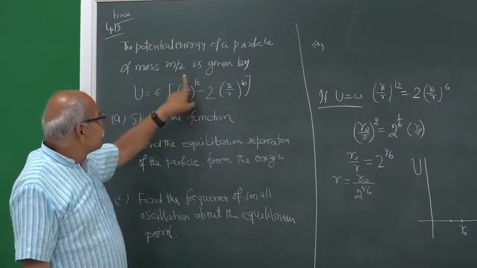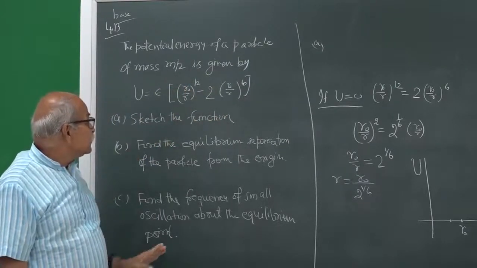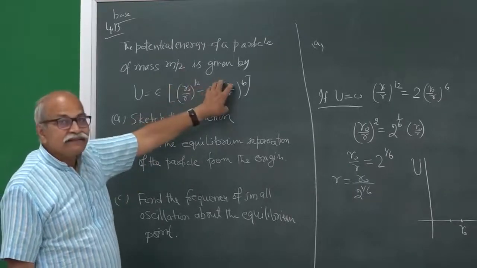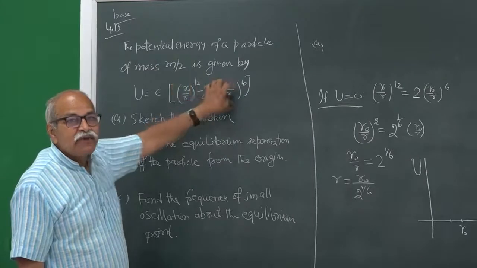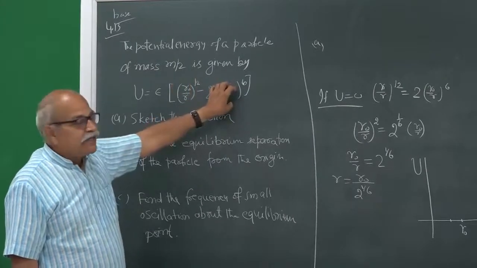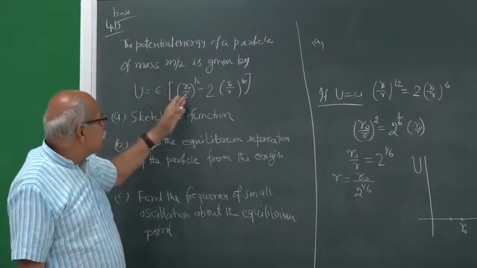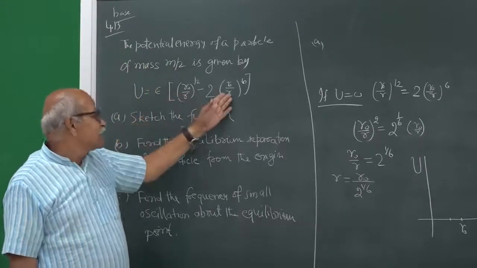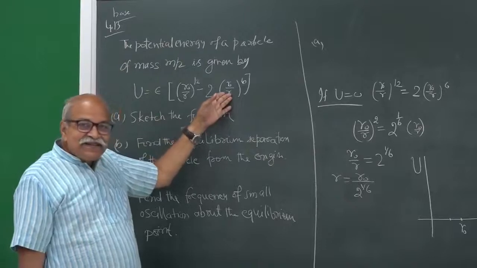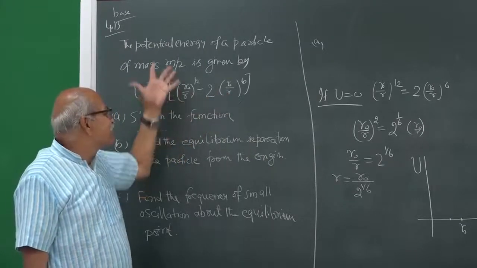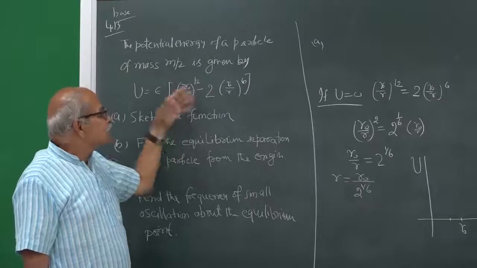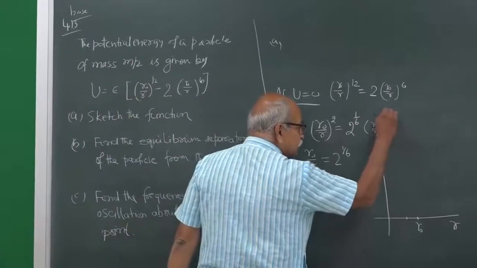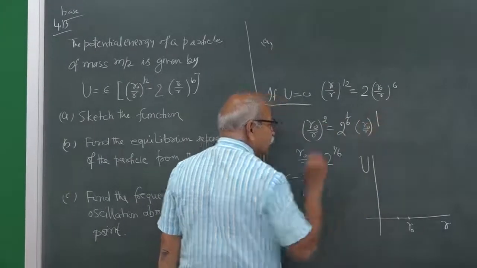That means, for very small r, this will be much larger than this, and the whole quantity is positive and going to infinity. So, for very small r, the curve is coming from here.